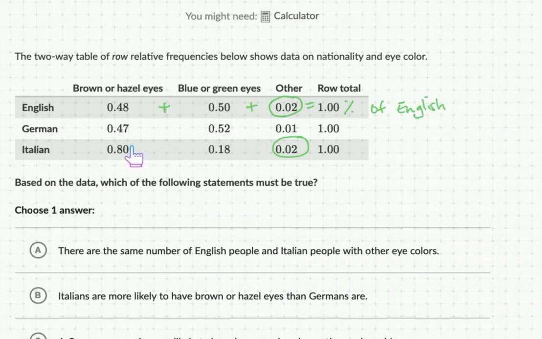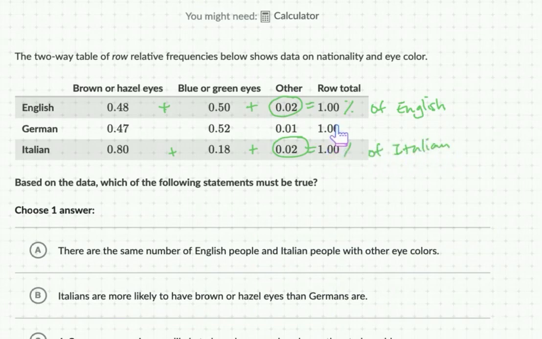Similarly, down here, 80% out of all Italian people surveyed have brown or hazel eyes. 18% out of all the Italian people surveyed have blue or green eyes. And then the remaining 2% have other color to make up the total 100% of Italian.